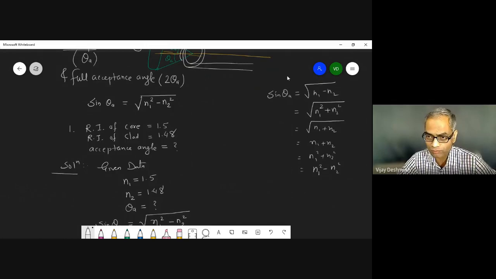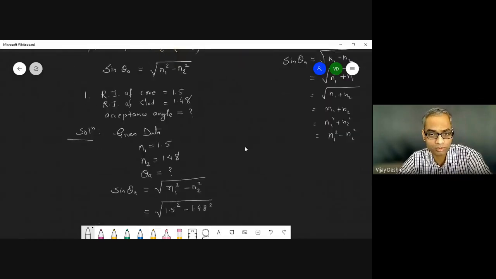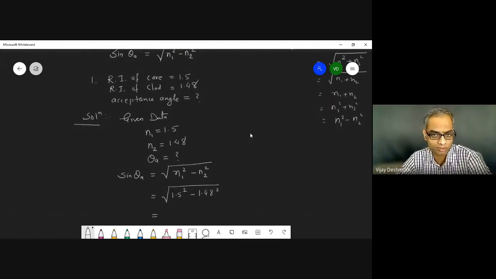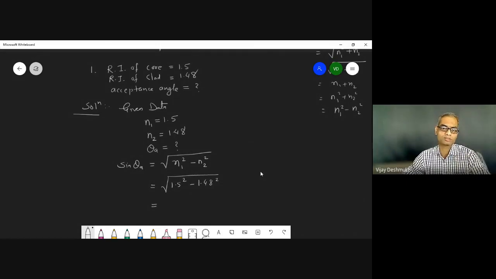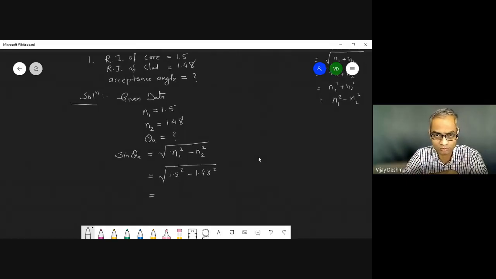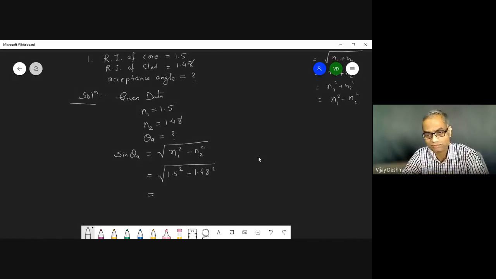Normally people get confused with different formulas like n1 minus n2, n1 square plus n2 square, n1 plus n2, and so on. So you should remember this formula, and you should get these 2 marks without any real effort. So these are free marks for you.